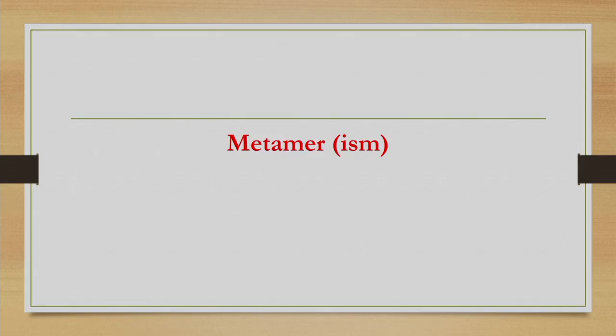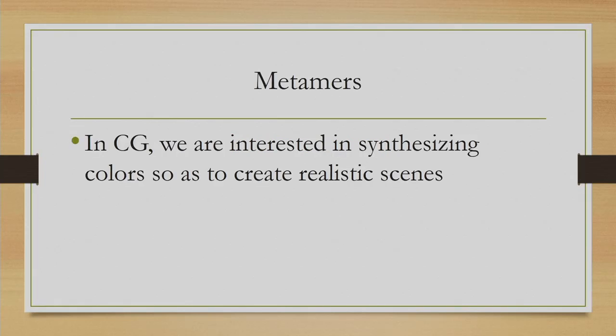This question brings us to a concept called metamerism or metamers. What is that? So, what do we want in computer graphics? We are primarily interested in synthesizing colors. We are not interested in the actual optical process that takes place in giving us the perception of color.